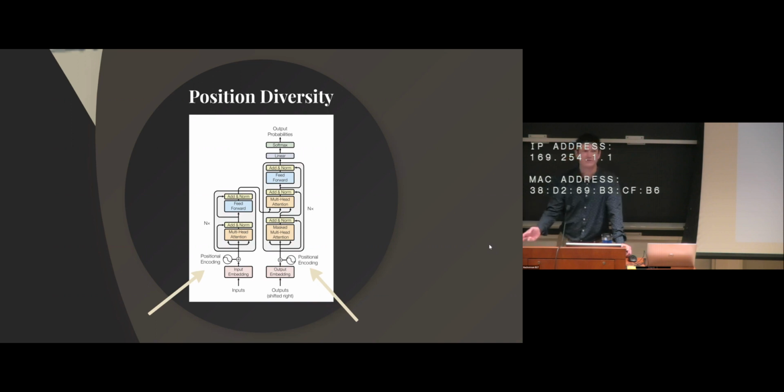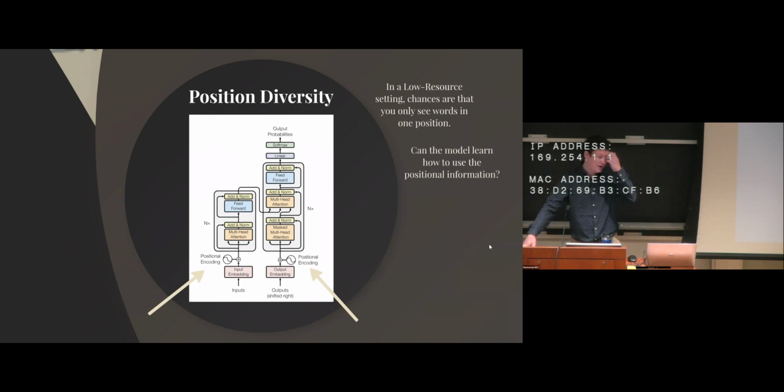So the model might learn one specific position for a specific token because we just don't have enough training examples. So that was, okay, connection's unstable. Okay, hopefully it's not too bad. So in a low resource setting, you've only seen the words in one position. But can the model learn how to use this positional information was the question he had here. So maybe this is what was happening.